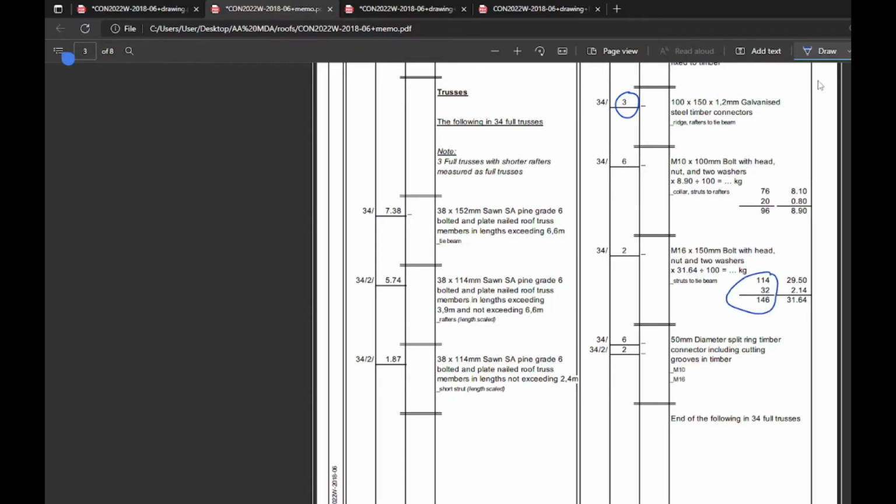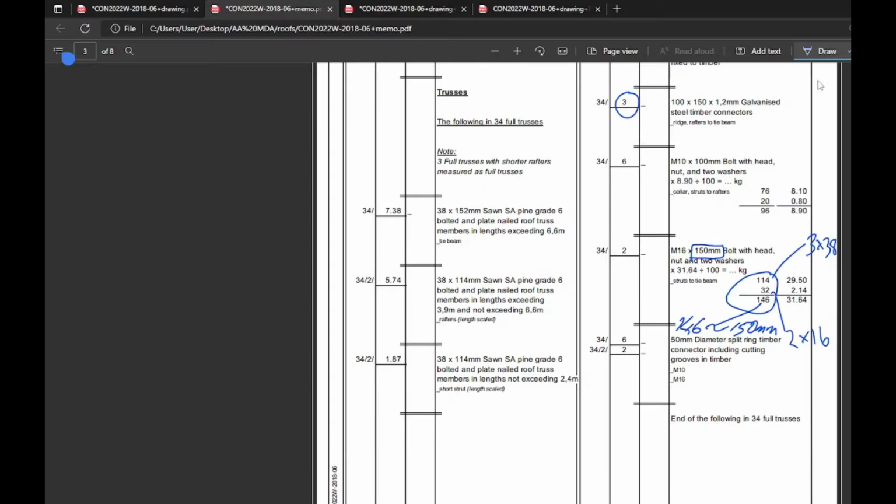So this is a calculation I'm busy doing. 3 times 38, and this is 2 times 16. This gives us a total bolt length of 146, which we round up. 150 mil bolt length, okay? There. 150 mil bolt length.